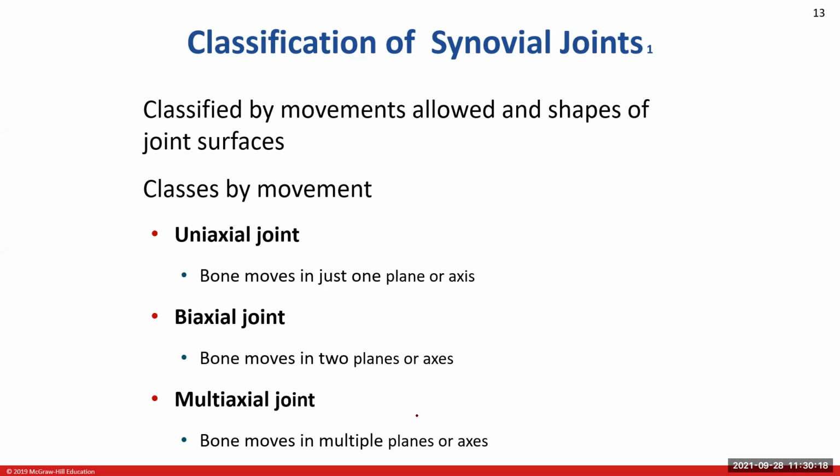We have a biaxial, bi meaning two, so these joints move in two planes or axes. Then our multi-axial joints, in which the bones move in many planes and or axes.